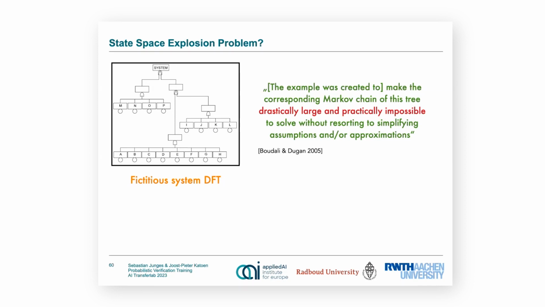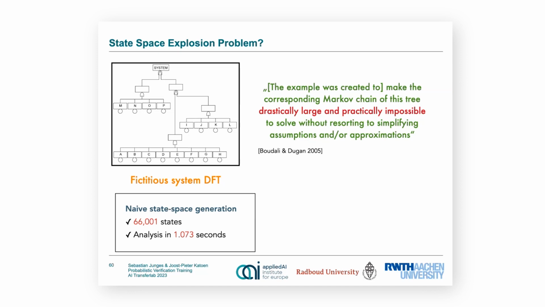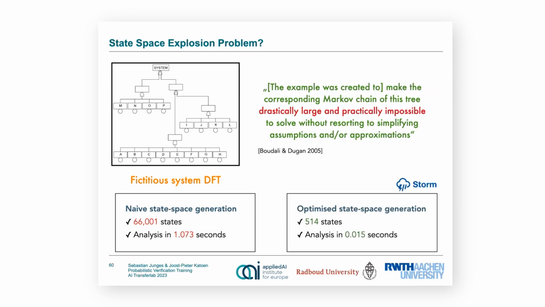So, making abstractions or introducing some approximations. And indeed, if you do a naive state space generation, you get about 66,000 states for this thing. Storm uses, in a naive way, 1 second to generate this state space. Of course, computers have made things faster over the last couple of years, but in particular, you can also make optimizations.